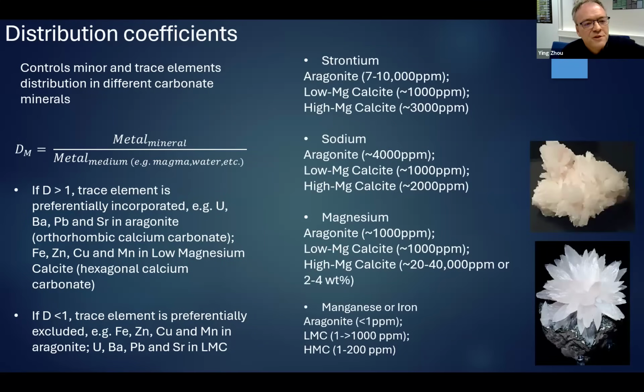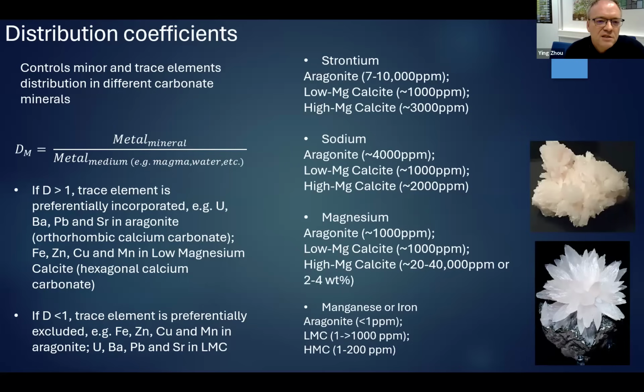So as a rough rule of thumb, aragonite with its orthorhombic structure is relatively generous and incorporates strontium more or less in the concentration it exists in seawater. I think if you took the strontium calcium ratio of average seawater, and if it was incorporated into carbonates in that proportion, then you'd probably end up with 6,000 or 7,000 ppm.